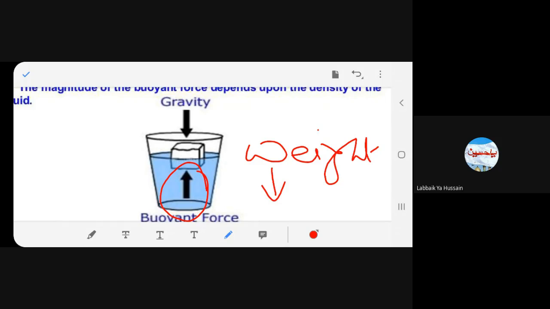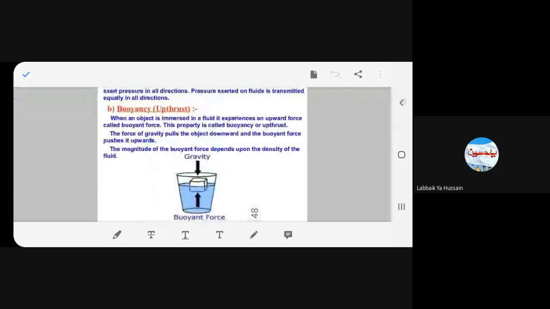One is weight, which is moving downward, and the other one is buoyant force by the liquid to the object, which is moving upwards. Any problem? It's just a revision part. Any problem? No. Okay, thank you.